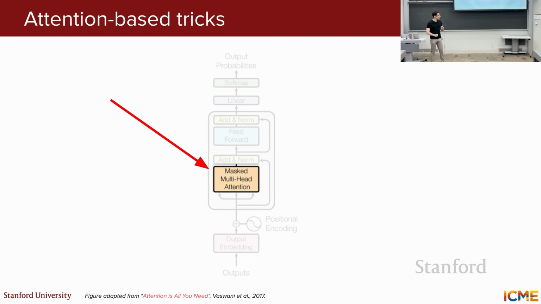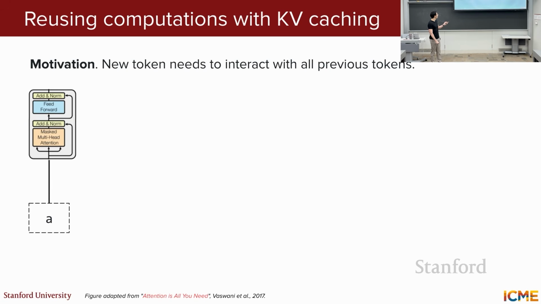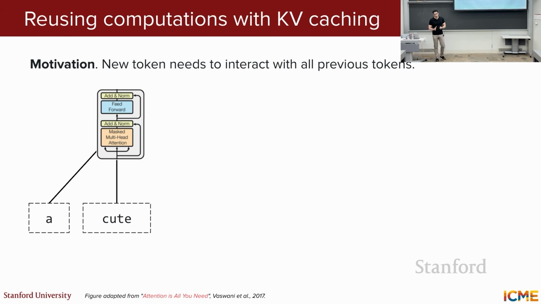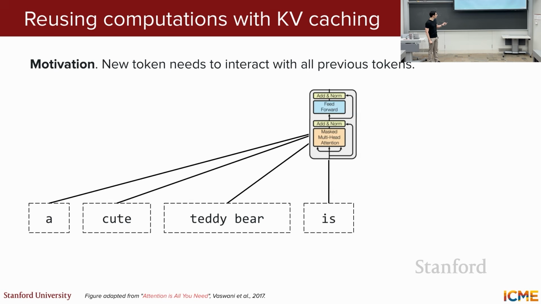Okay, so let's start at the attention level. We have seen that for every token, you need the current token to attend to the previous ones, right? In this masked self-attention. So let's say you generate your sequence, you are at a given token. Let's say you have generated a cute teddy bear and now you are at "eats".